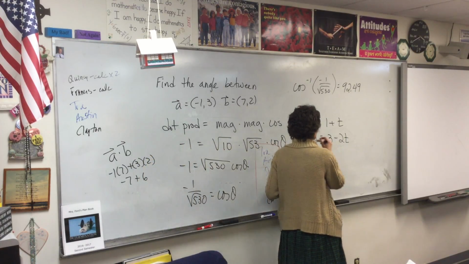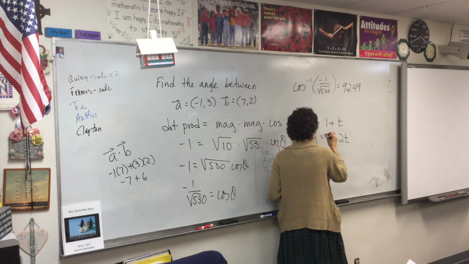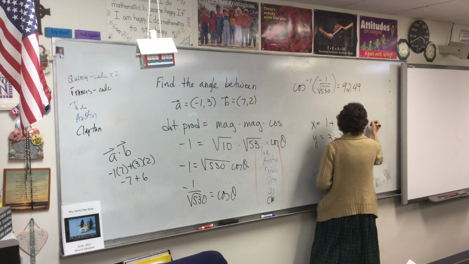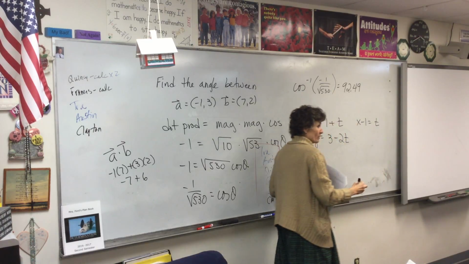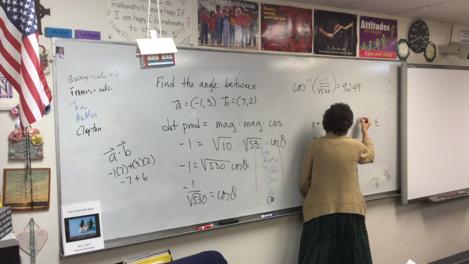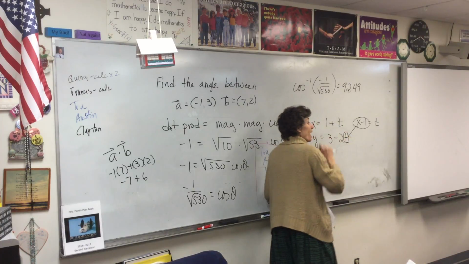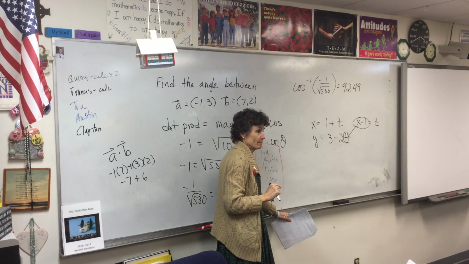So, I want to get t by itself. Which equation would be easiest to get t by itself? The top one? So that top one says x minus 1 equals t. Would everybody agree with that? Now I'm going to take that x minus 1 and I'm going to plug it in to the other equation.